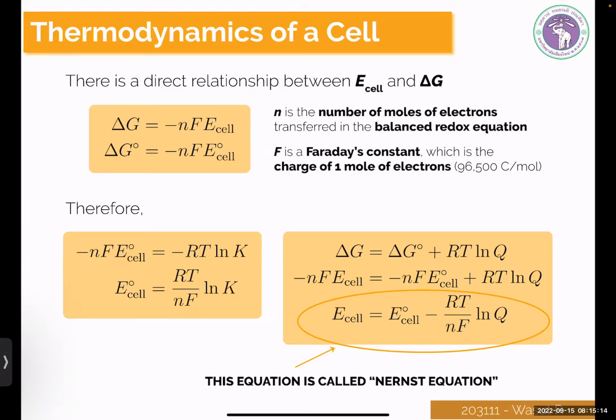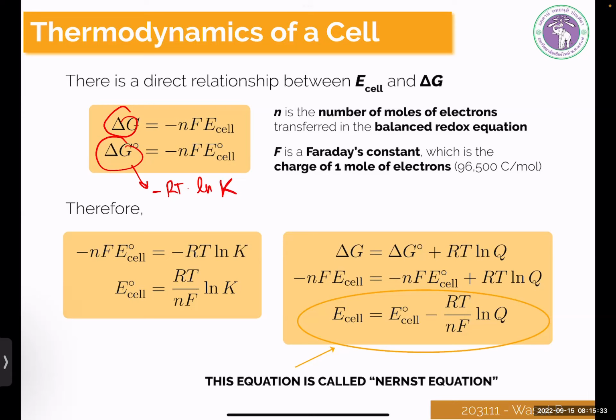Okay, therefore, since we learned from the thermodynamics chapter that delta G naught equals minus RT times the natural log of the equilibrium constant, you can see that E naught of galvanic cells are also related to the equilibrium constant as well.